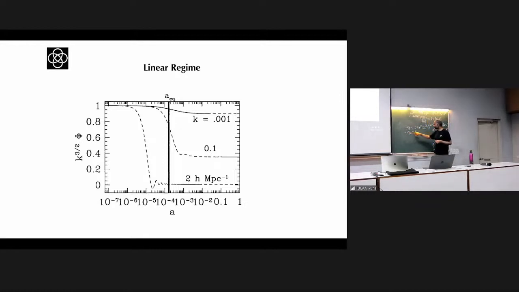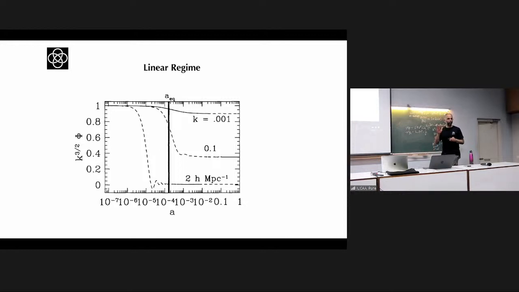I think I've messed up something. This should be a squared, it's rho bar a squared. So this thing is like delta divided by a. So that's why when phi becomes constant, delta is proportional to a. Delta grows. Phi remains the same, delta increases. That's the idea. Good that we clarified this.